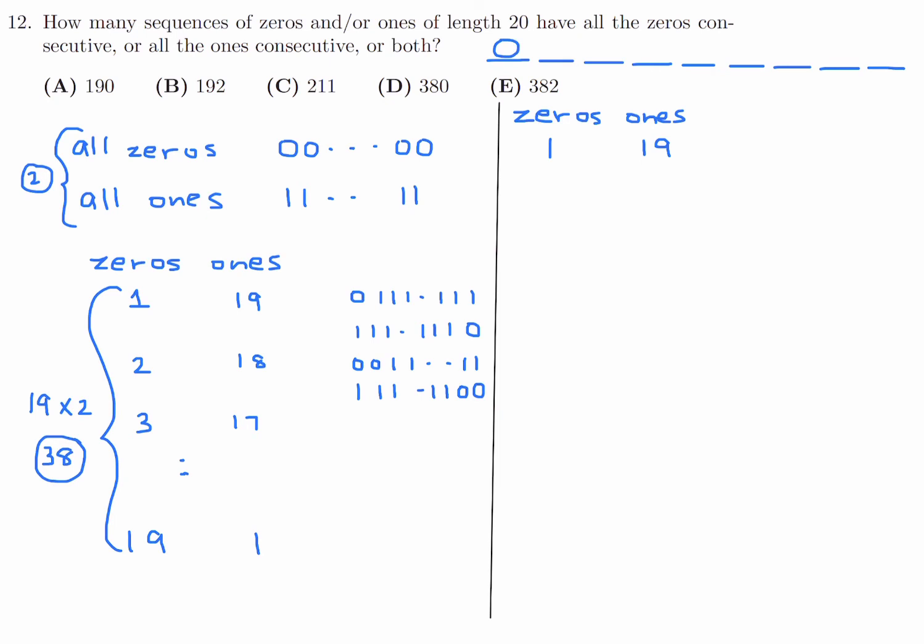Either here or here, assuming that's the end. So what I'll do is, since I'm not drawing out all 20, I'm just going to put... So now what I'm going to do is put the 0 somewhere, either here or here or here, wherever. And we have to think, how many ways are there of doing that?